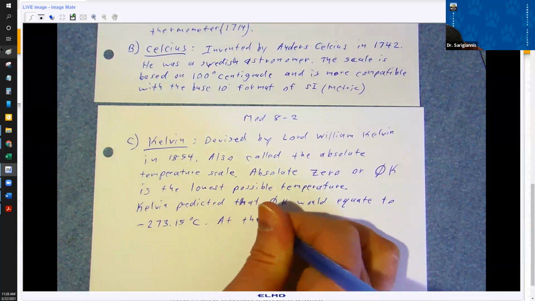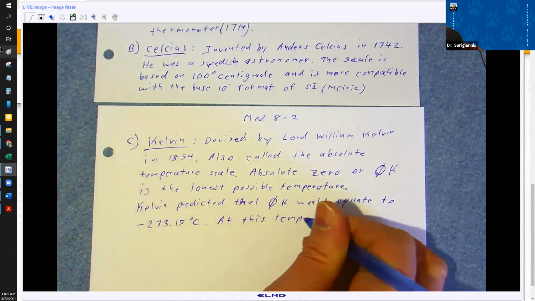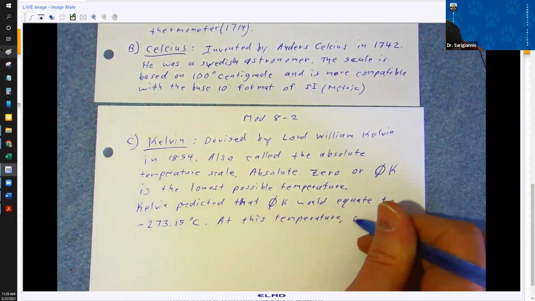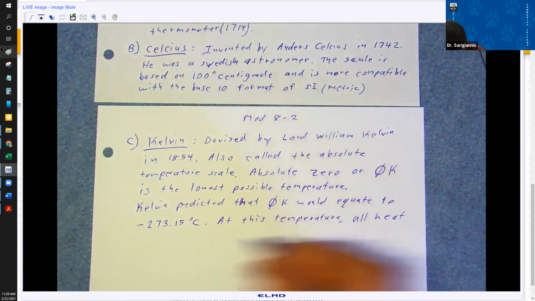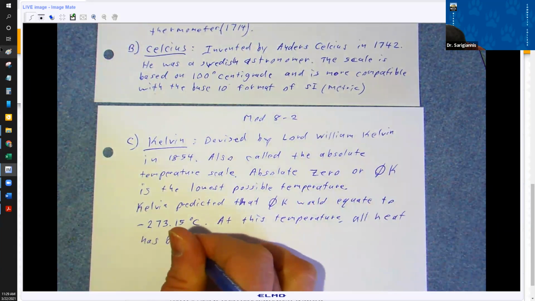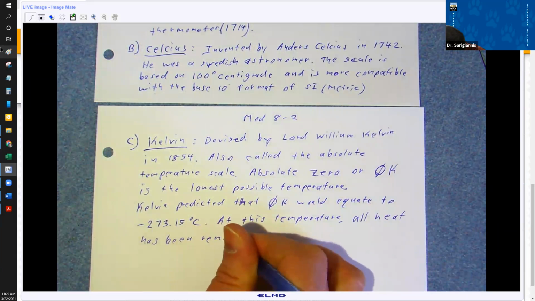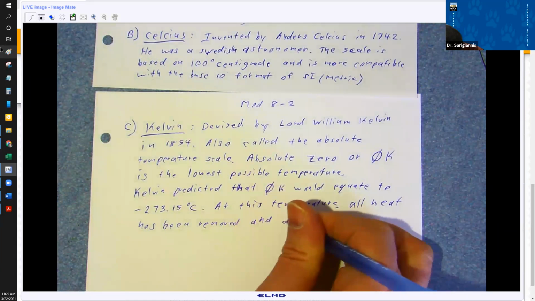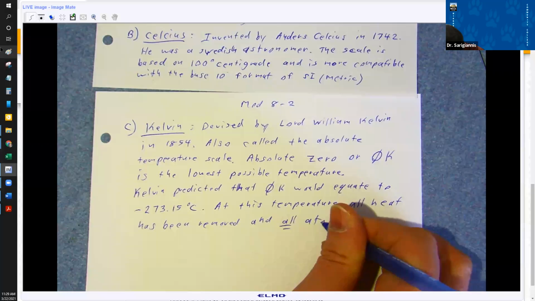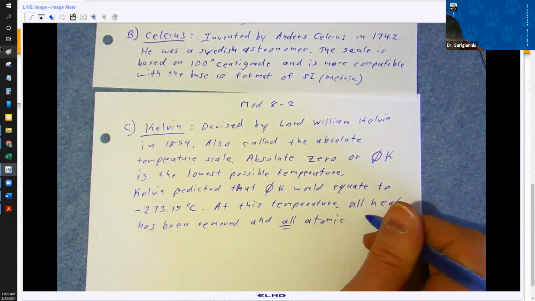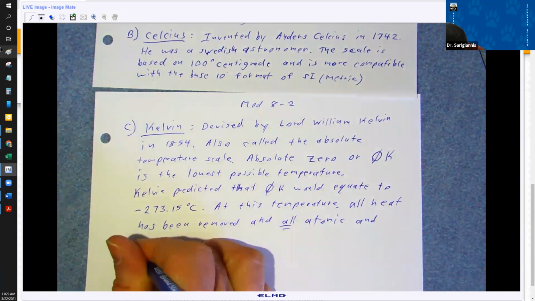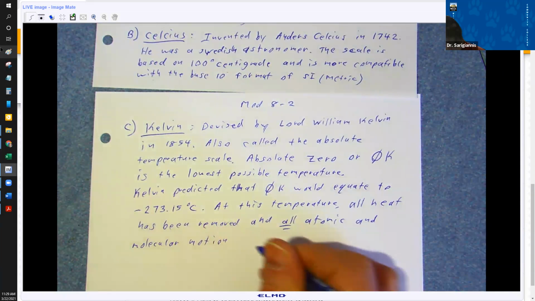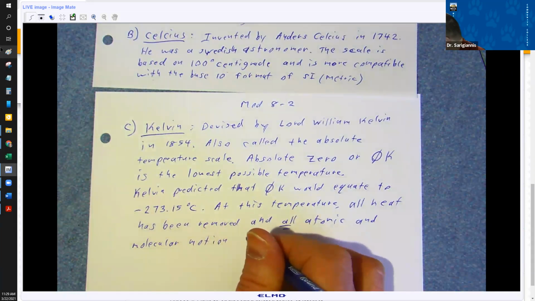At this temperature, all heat has been removed and all atomic and molecular motion stops or has stopped. Let's put has stopped.